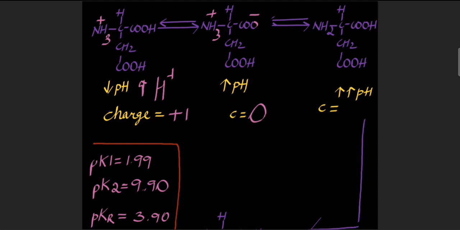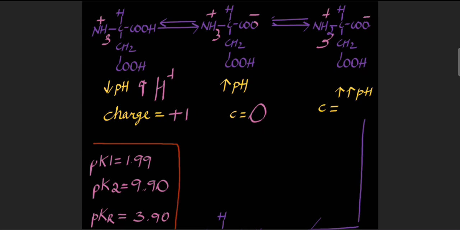What has already happened is there is an NH3 over here with a positive charge, and then the COOH has already been lost, and there is a negative charge over here.